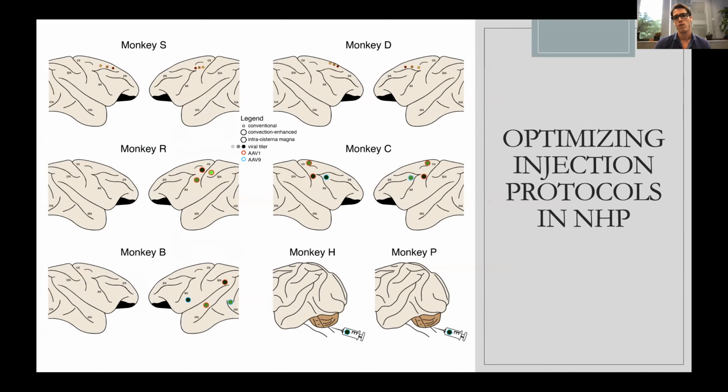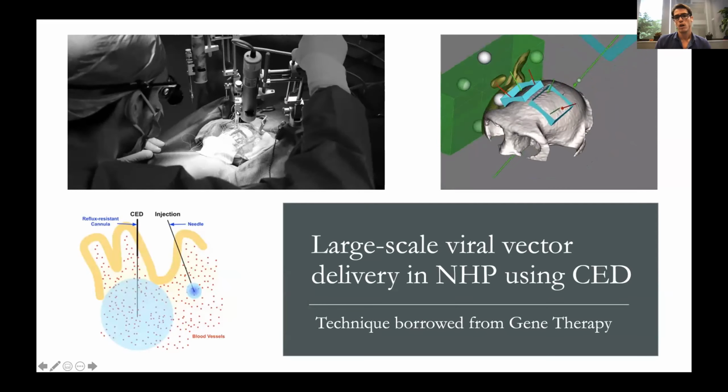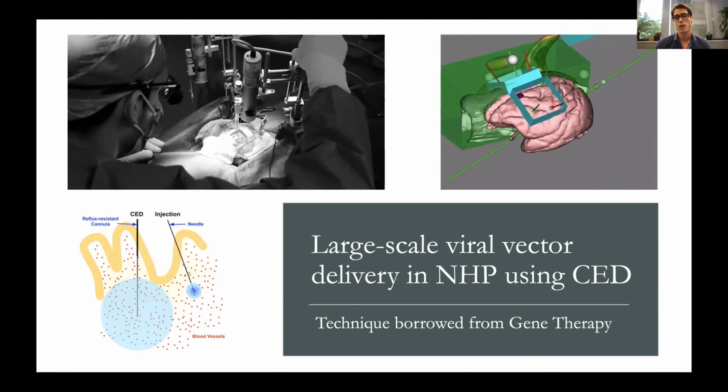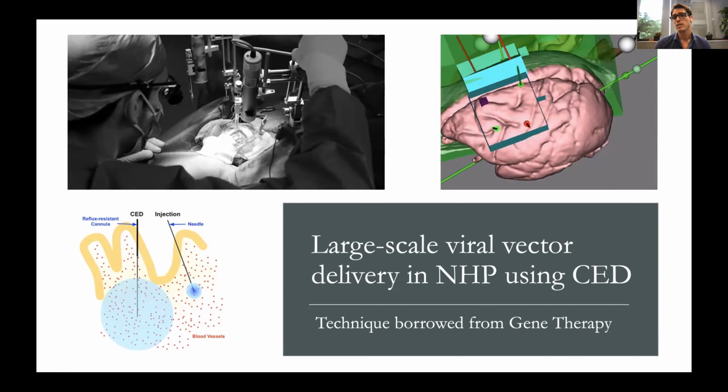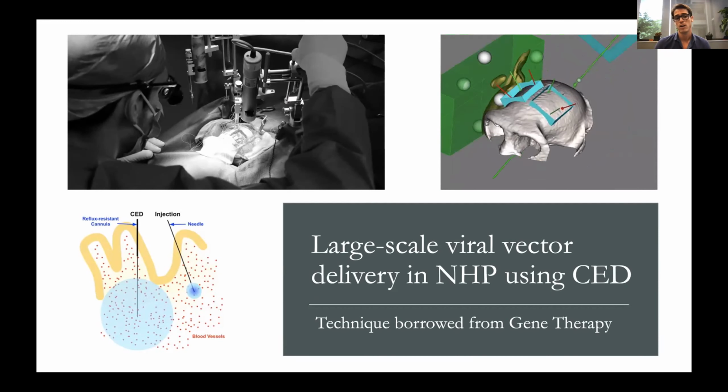Also playing with different viral vectors, capsids, and titers to try to optimize all of that. So I use different types of surgical approaches. Some of them are MRI guided, especially when we try to reach subcortical targets, and optimizing convection enhanced delivery, developing reflux resistant cannulas that are custom made.